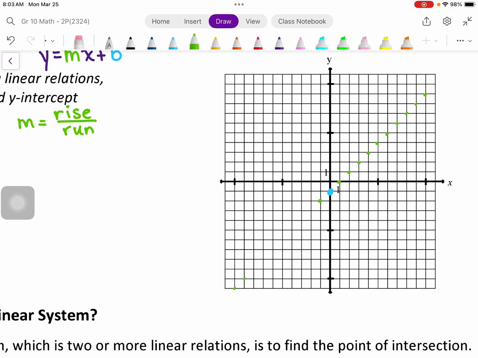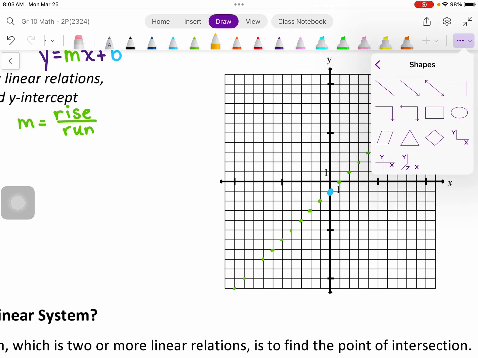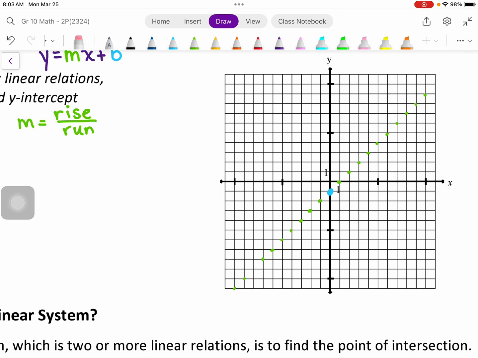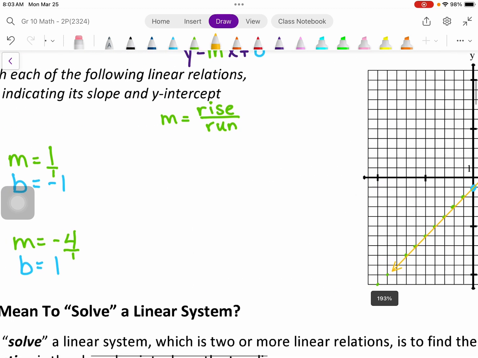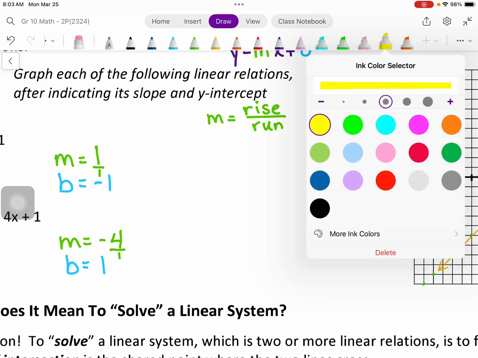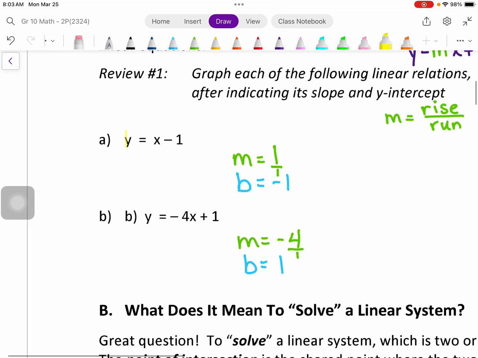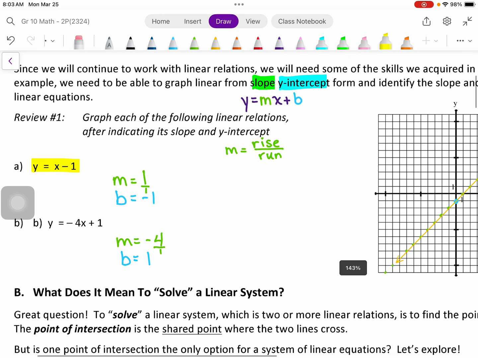And it can move in the opposite direction as well, so down 1 and to the left 1. So same pattern here. And once we have multiple points, we can then draw in our line. So this is the line for y equals x minus 1, so that's the yellow line.